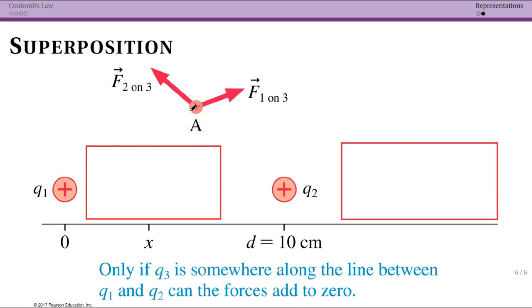But what we were trying to do was to actually find a location where the forces add to 0. And here we're going to do that graphically. If I haven't told you exactly what the value of Q3, Q1, and Q2 are, then we actually have to do this graphically. We can't just calculate these values out. So remember that you can add vectors graphically by doing the tip-to-tail method.